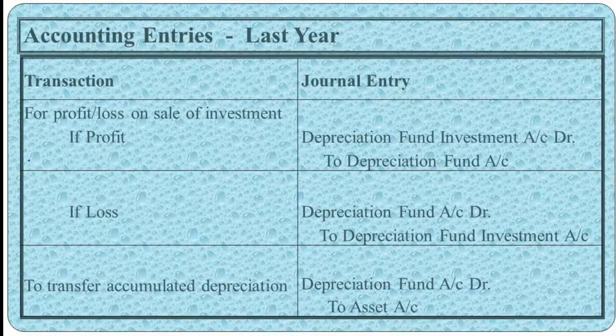The next entry in the last year is to transfer accumulated depreciation to asset account. That is, at the end, depreciation fund account is closed by transferring the balance to asset account. The entry to transfer accumulated depreciation to asset account is depreciation fund account debit to asset account.